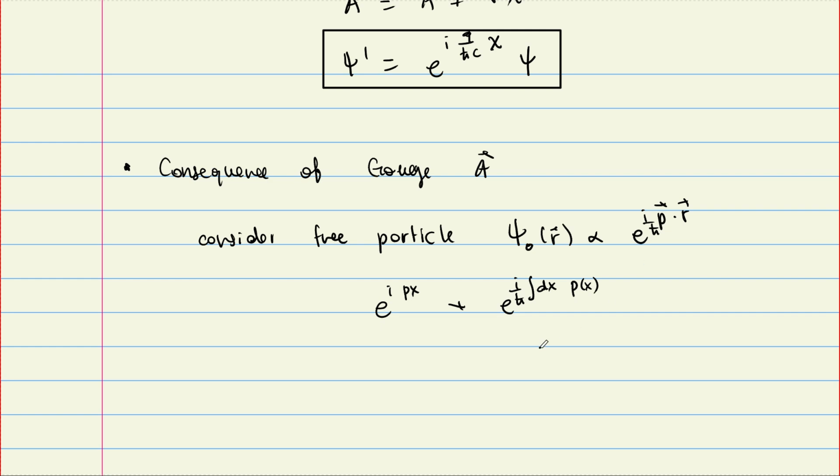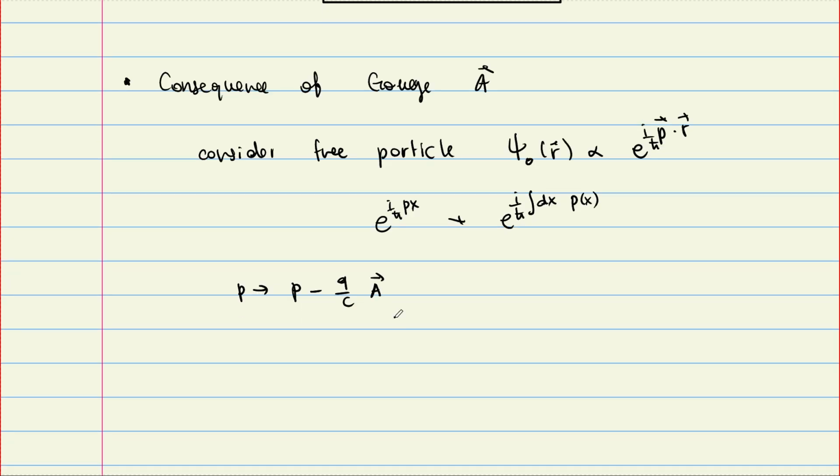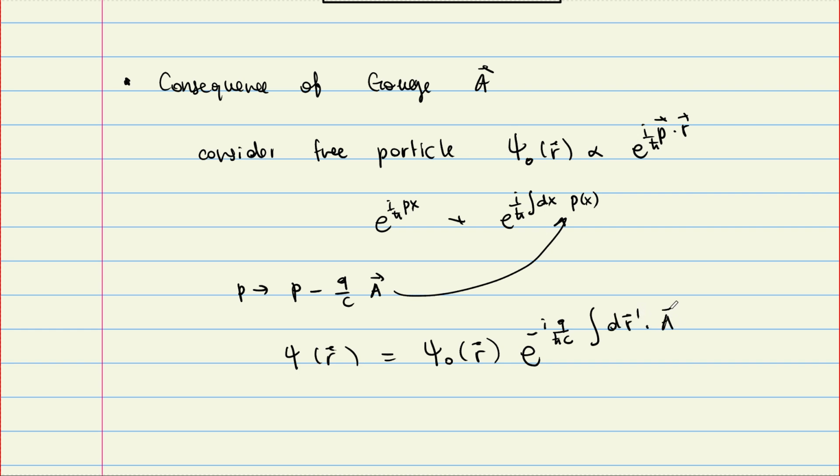But since p goes to p minus q over c times a, this suggests psi in the presence of a field is going to be psi of r is equal to this psi without the field times e to the minus I q over h bar c, so I'm going to substitute just this piece here, the integral of dr prime dot a of r prime going from some r0 to r.